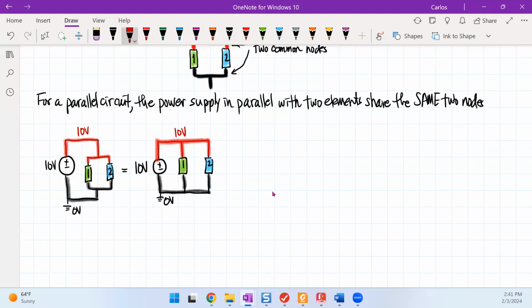So when I think about this as an effective circuit, the way we draw this here is that we could say that this is the effective circuit. So the effective circuit, we don't show the power supply, but we show them as node voltages. So in this case, we then say something like this.